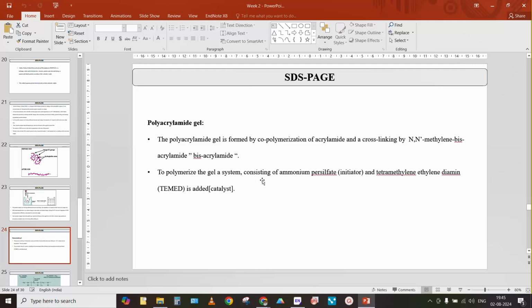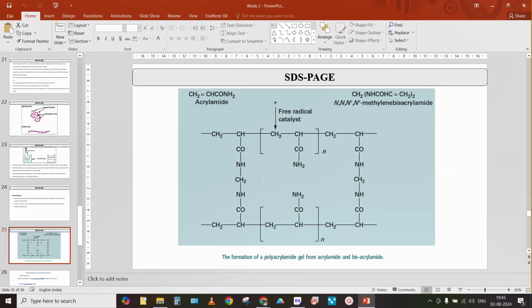To polymerize the gel, a system consisting of ammonium persulfate, which is an initiator, and tetramethylethylenediamine, which is called TEMED, is added, which acts as a catalyst here. So this is the structure and the figure for the formation of polyacrylamide gel from the acrylamide and bisacrylamide.